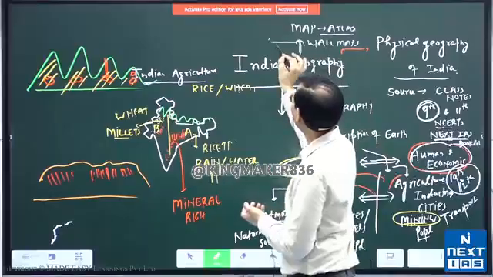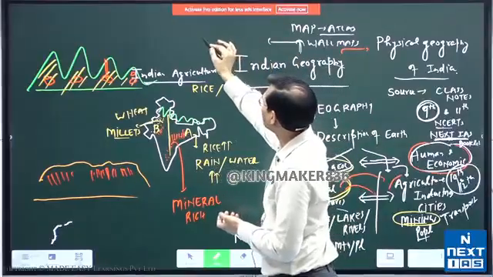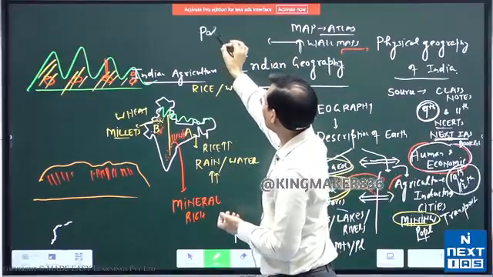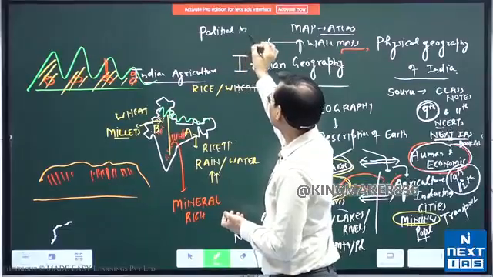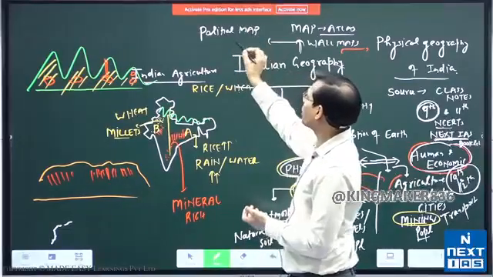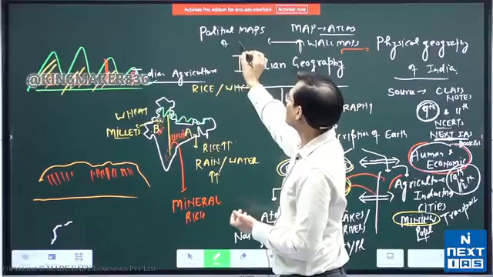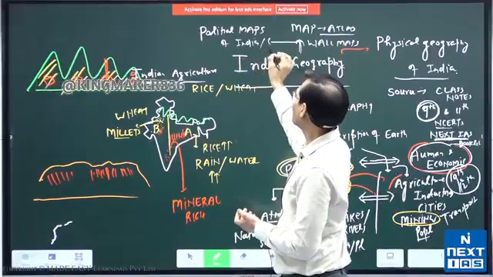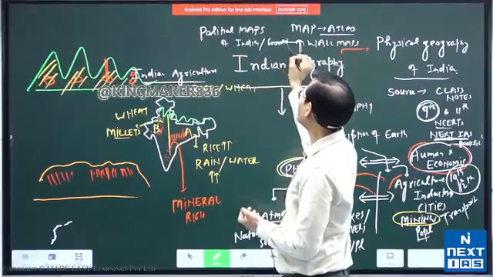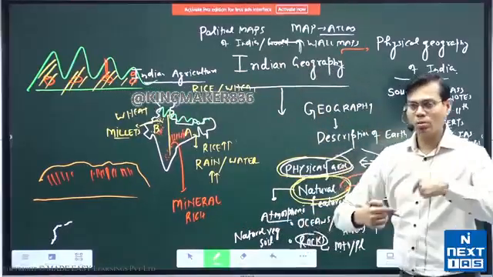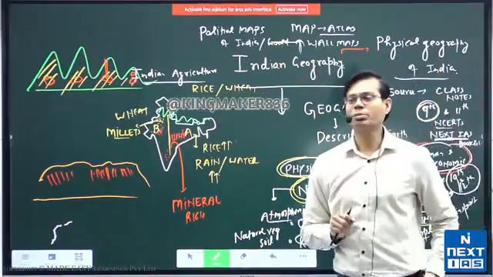These two maps are very useful: political map of India and the world. See these two political maps again and again. Physical maps I will discuss in detail, but try to capture these two maps yourself also.